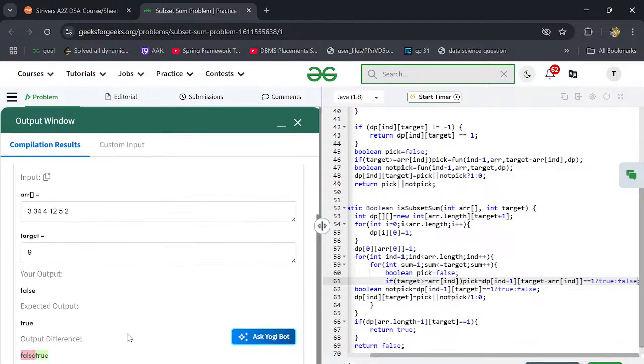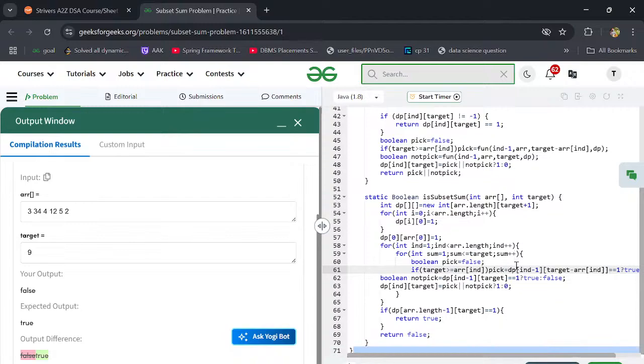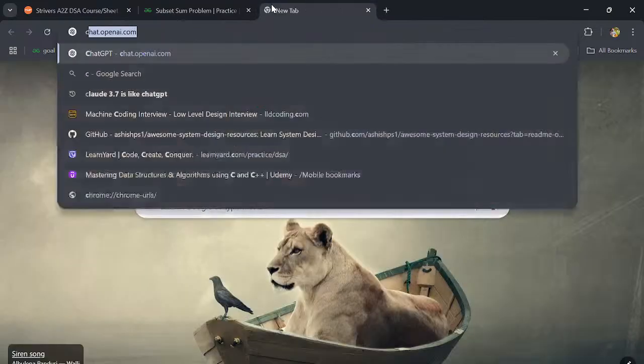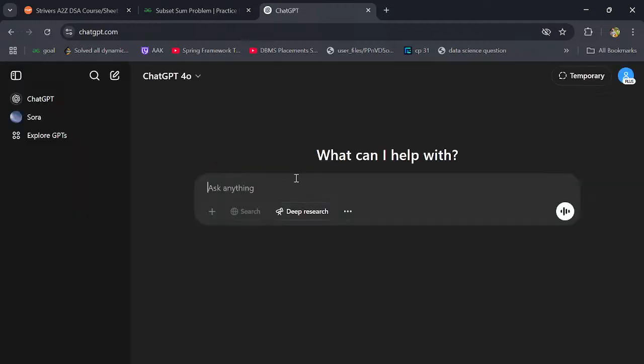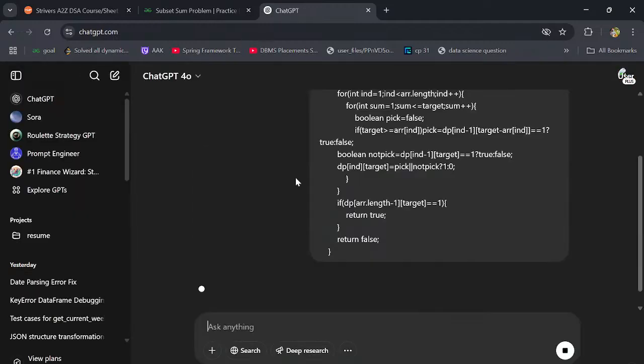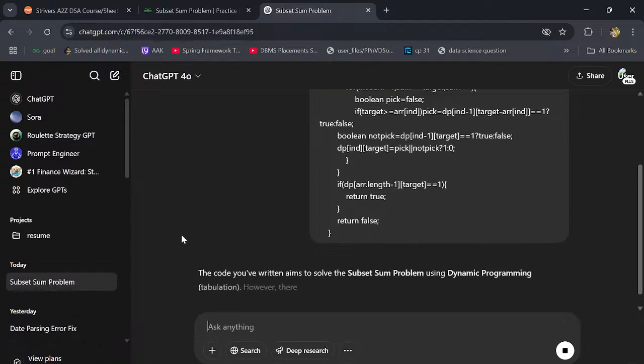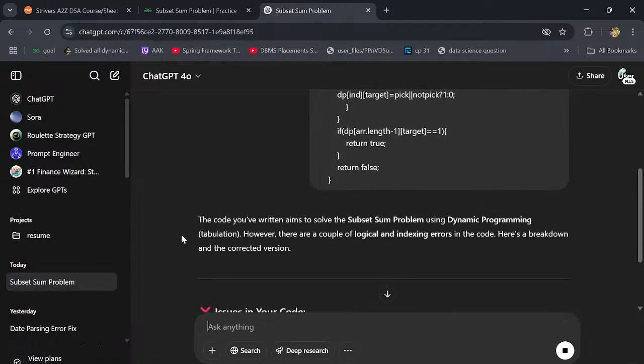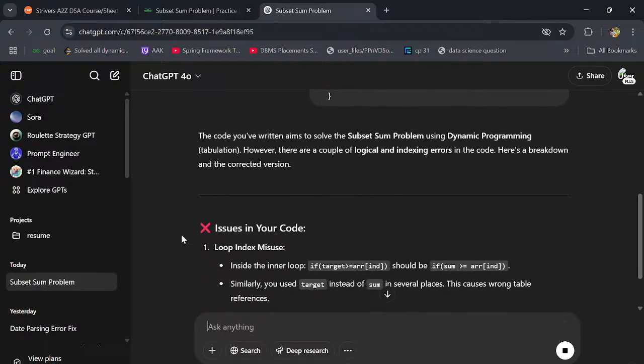Case 1 failed as expected. Why will it become true? Okay, let's ask ChatGPT. Where did I make a mistake? I hope it was correct. There's a couple of logic and indexing errors.